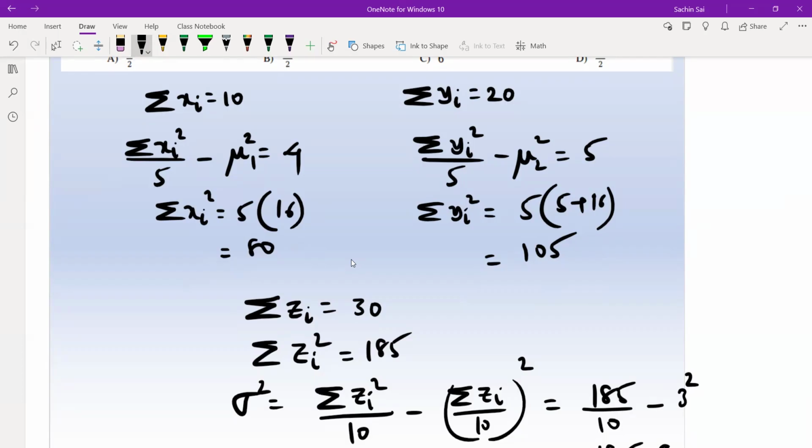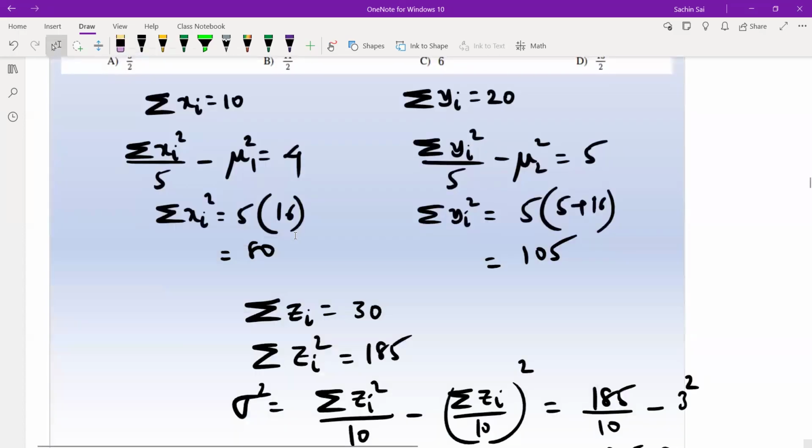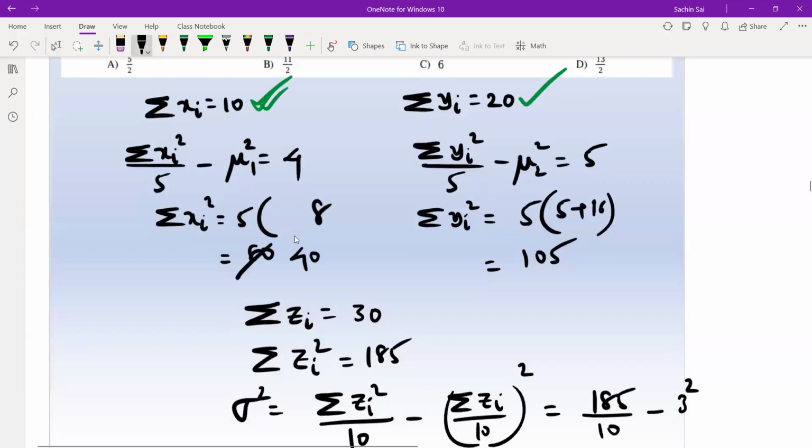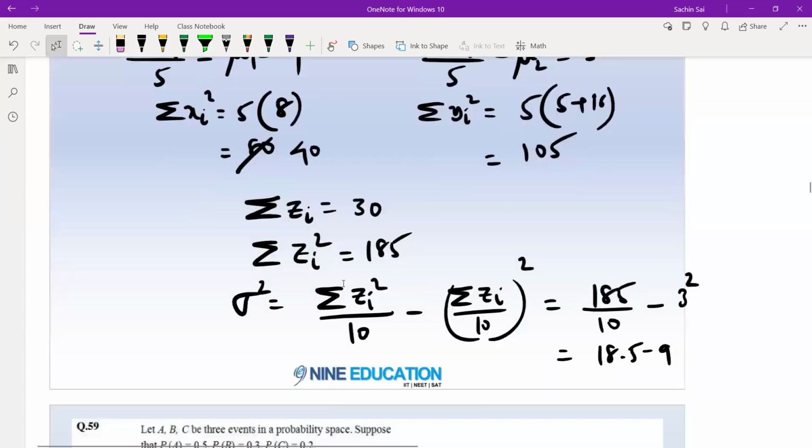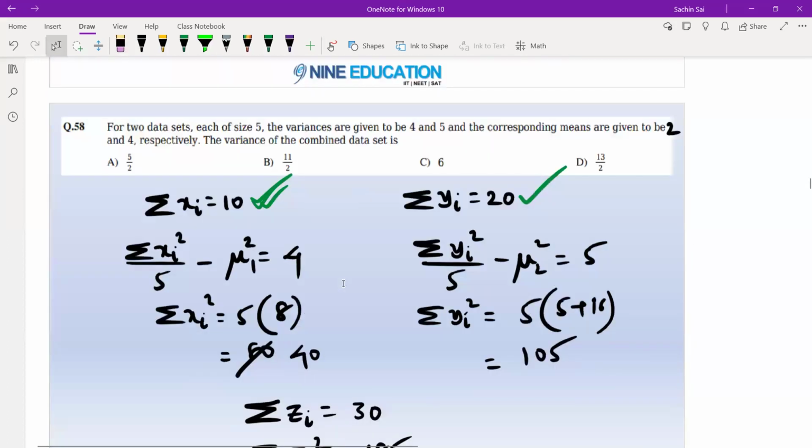So I made a calculation mistake here, which you must always try to avoid. So what happened essentially here is this should have been 8 instead of 16, right? So the correct answer will be 14.5 minus 9, which is 5.5, right? So my bad.